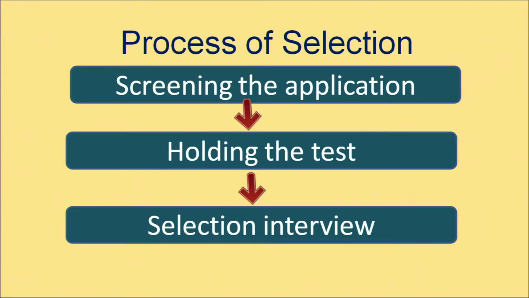Once we screen the eligible candidates for the vacant position, we move on to another step, that is holding the test. Once he fulfills the minimum eligibility, he has to give a written test for the vacant position. An organization basically checks the mental abilities or the IQ level of the person, by which they can decide whether the person is suitable for the next step or not.